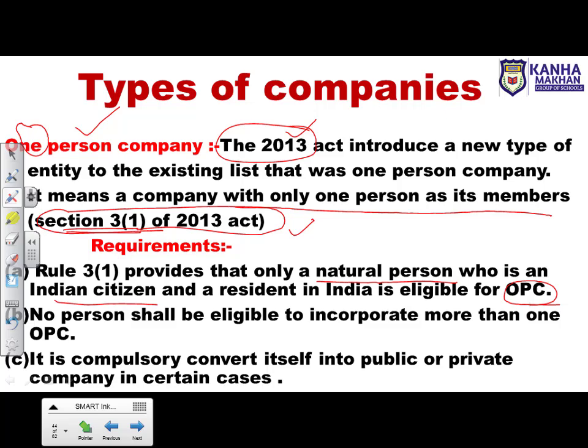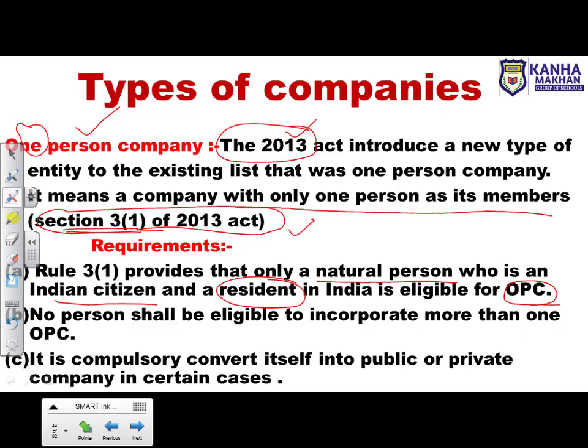I hope it is clear that only a natural person means a naturally born individual, and he has to be an Indian citizen. It's not that if he has the right of Indian citizenship, then he can become one. No, that person should also reside, or stay, in India only. Okay, only then will he get the permission to run this one-person company.